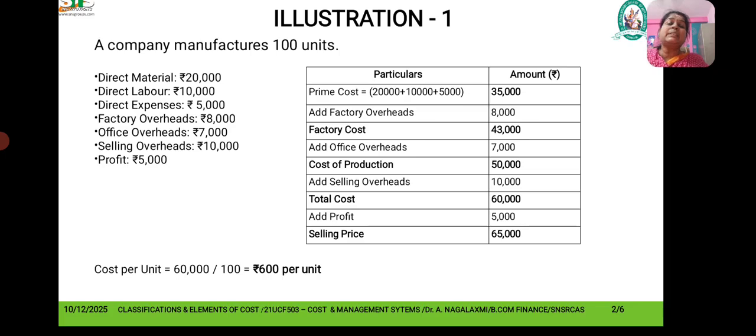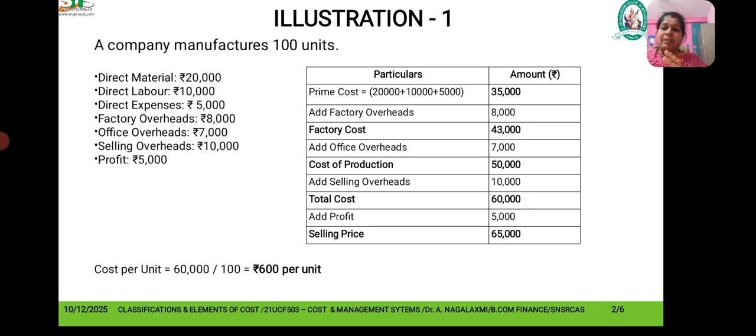Direct expenses incurred is 5,000. Factory overheads 8,000. Office overheads 7,000. Selling overheads 10,000. Profit 5,000. So these are the expenses incurred in a company for manufacturing 100 units of a product.